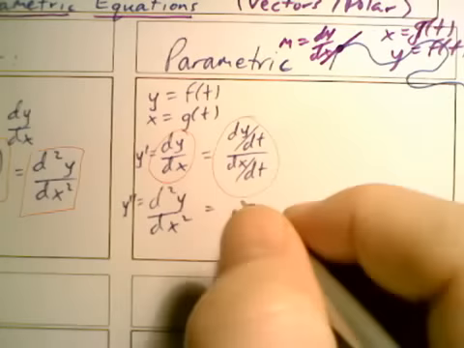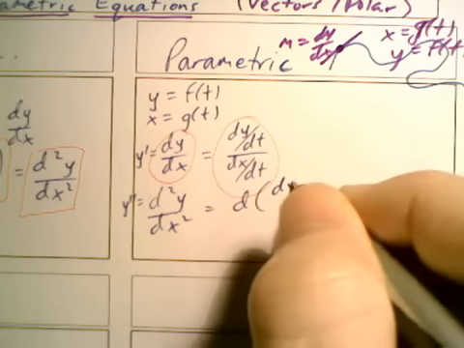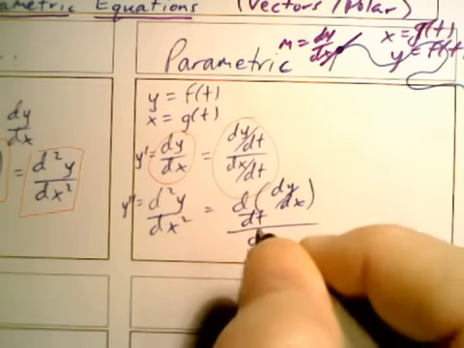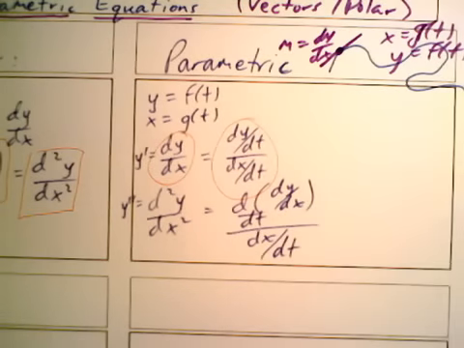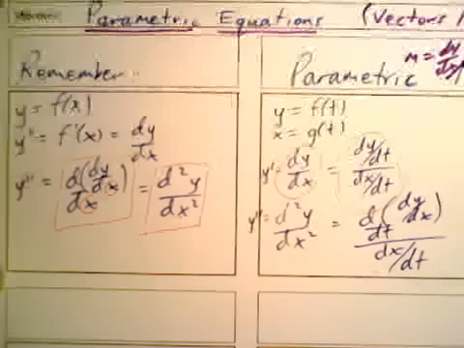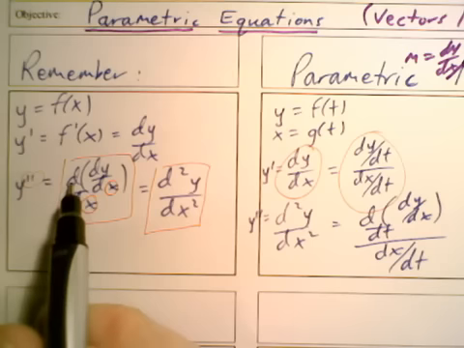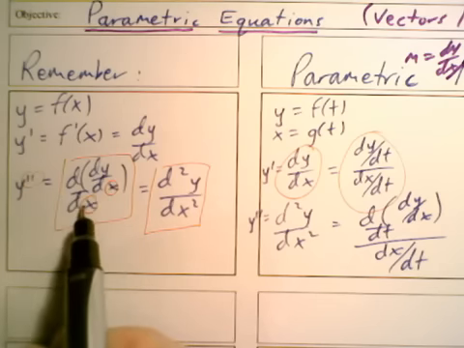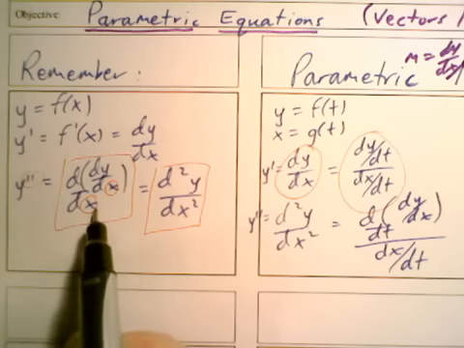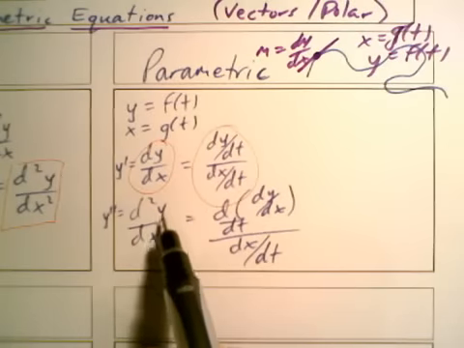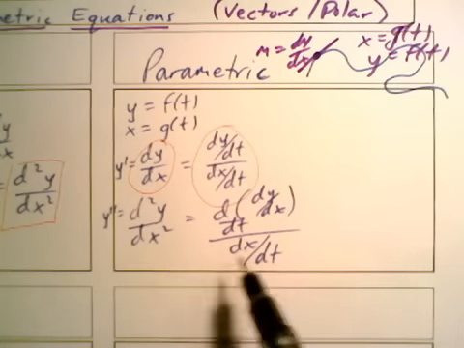Okay, so let's keep that in mind. The derivative of the first derivative, dy dx, with respect to t over dx dt. If you look over here, compare, the second derivative is equal to the derivative of the first derivative divided by dx. Well, this y over here on the parametric side, this y and this x both depend on t.